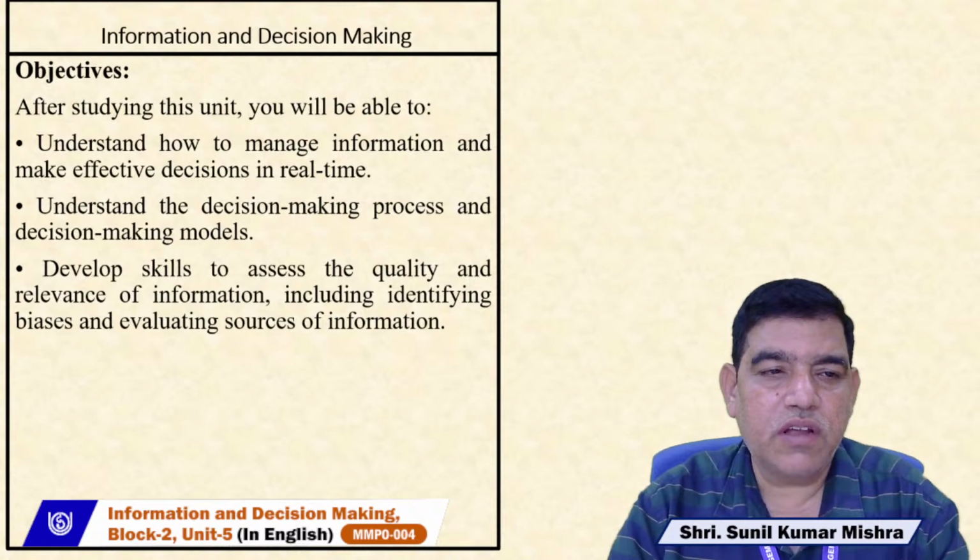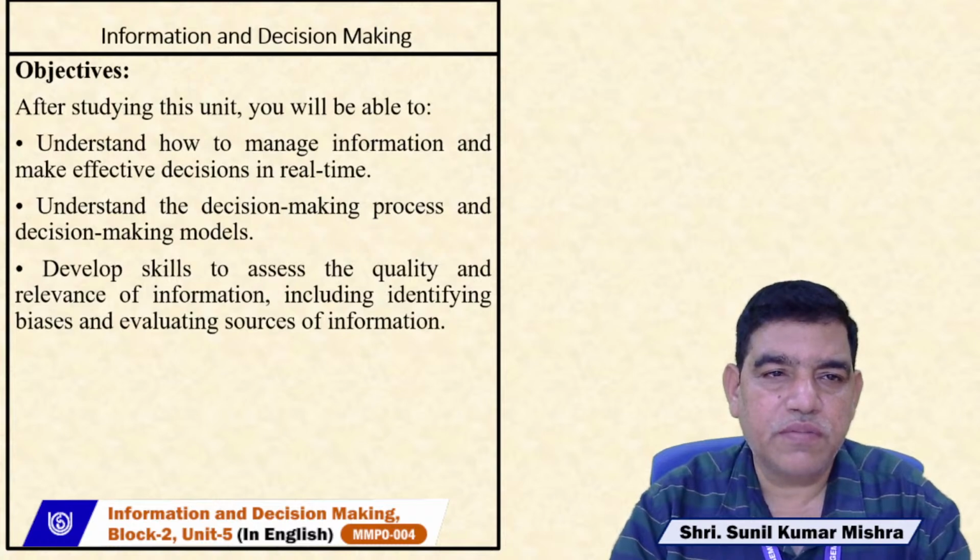A student can also learn the decision making process and decision making models, and develop skills to assess the quality and relevance of information, including identifying and evaluating sources of information. So these are the main objectives of this chapter, Unit 5, Information and Decision Making.